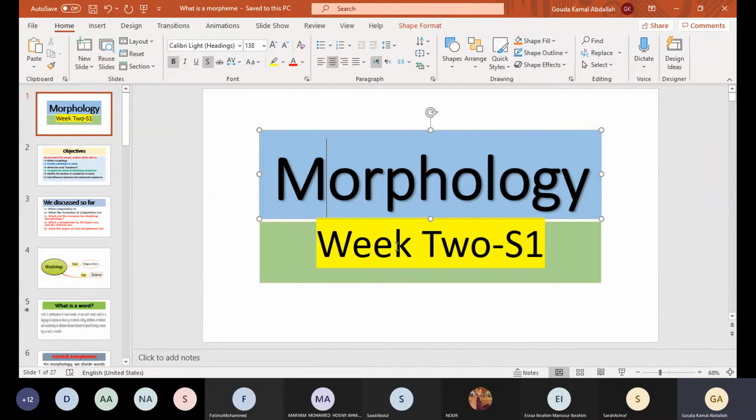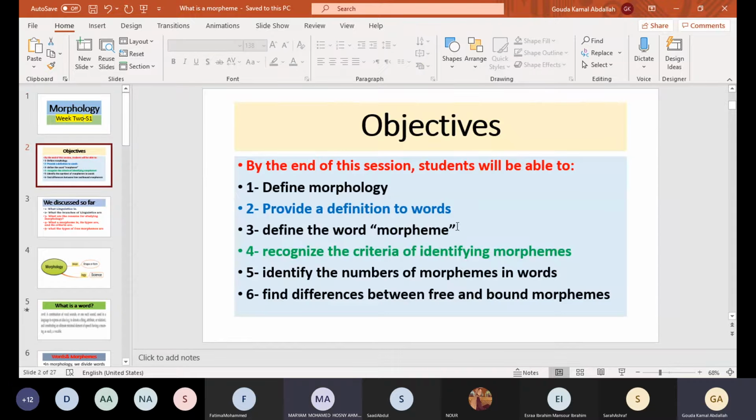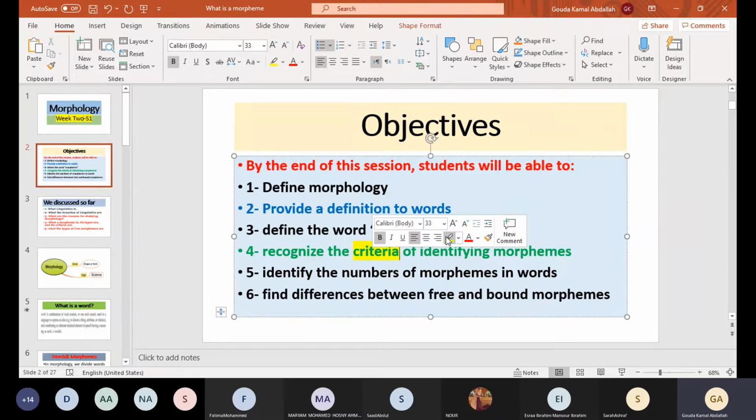Yes. Okay. What we are going to cover in this session is to go over what morphology is and to provide a definition for a word, and to go over the word morpheme, to know what it means and how we can identify a morpheme by using some criteria.